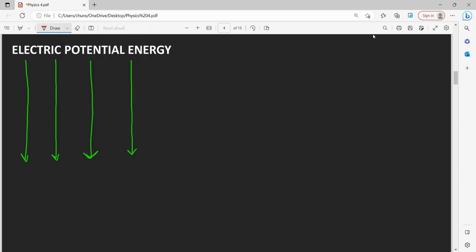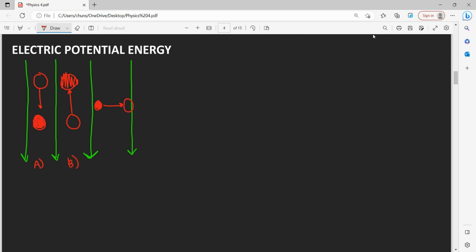So if we take a look at an example here, say we have a particle that moves with an electric field, a particle that moves against an electric field, and two particles that move perpendicular to an electric field.